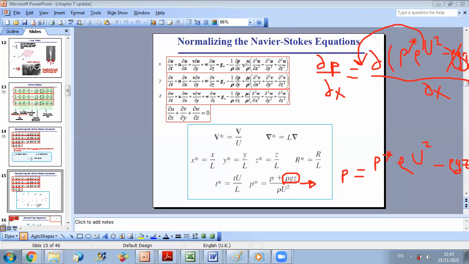So you can then replace this term by the following: minus 1 over rho times, and of course, instead of X, we'll put X star times L.